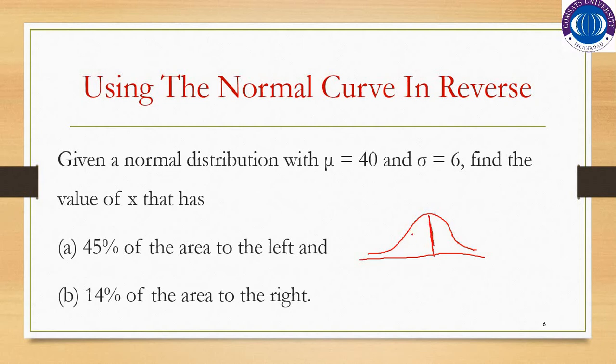So we know that total area below the mean is 0.5 and total area above the mean is also 0.5, and total area under the curve is 1, but we have to find the value of x that has 45% of the area to the left.